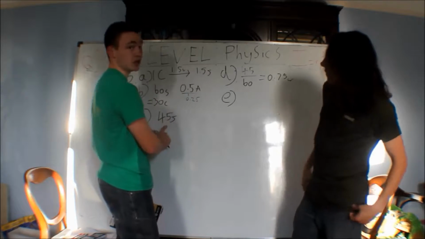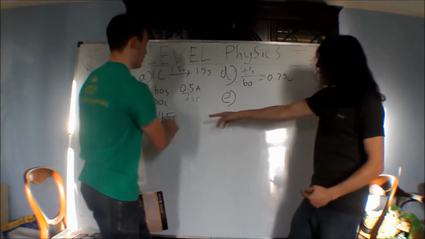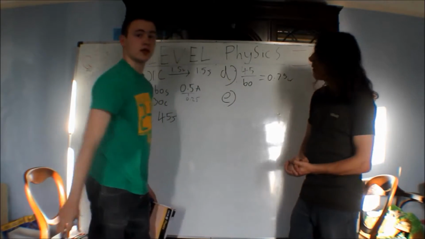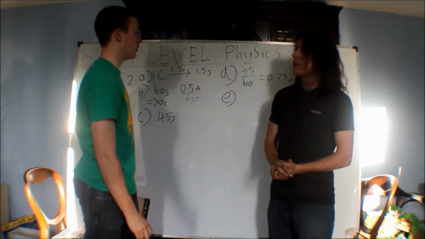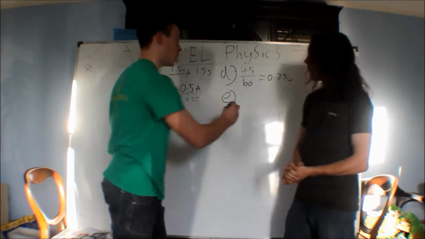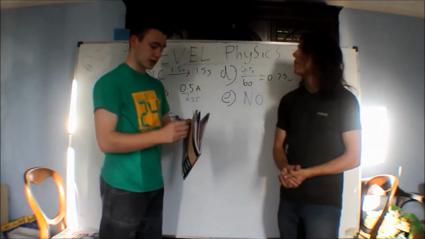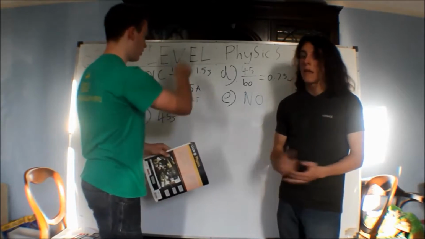That's then times by that to give you this answer. This will be half, so that times that will be a much smaller answer. Smaller over the same is going to be less, so it'll decrease. It's quite that simple, so it's a no. It is not the same as in part D. You don't have to prove it, it's just asking for a yes or no, but that is how you get that.